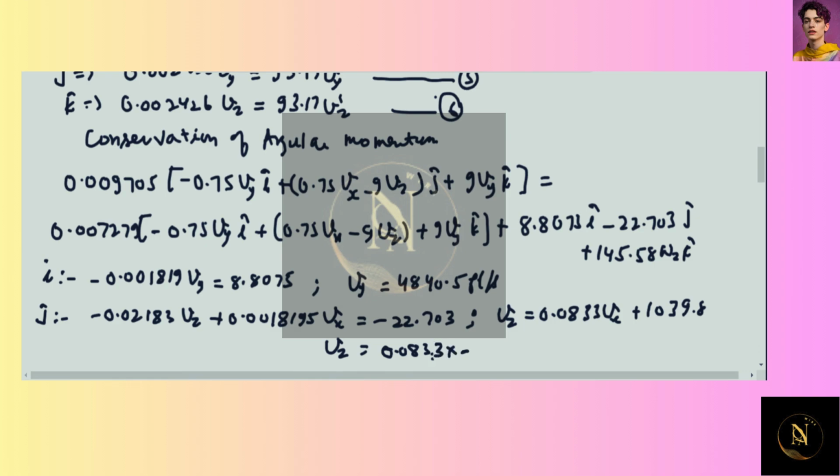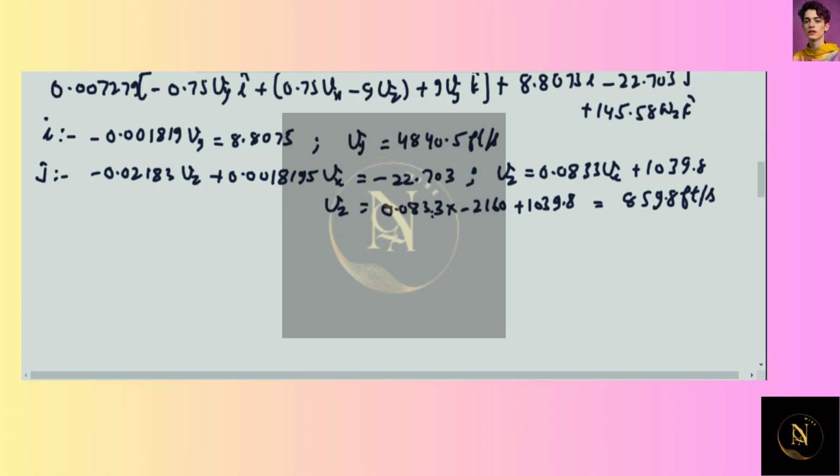Vx is minus 60 plus 1039.8. So on solving it, Vz you will get is 859.8 feet per second.